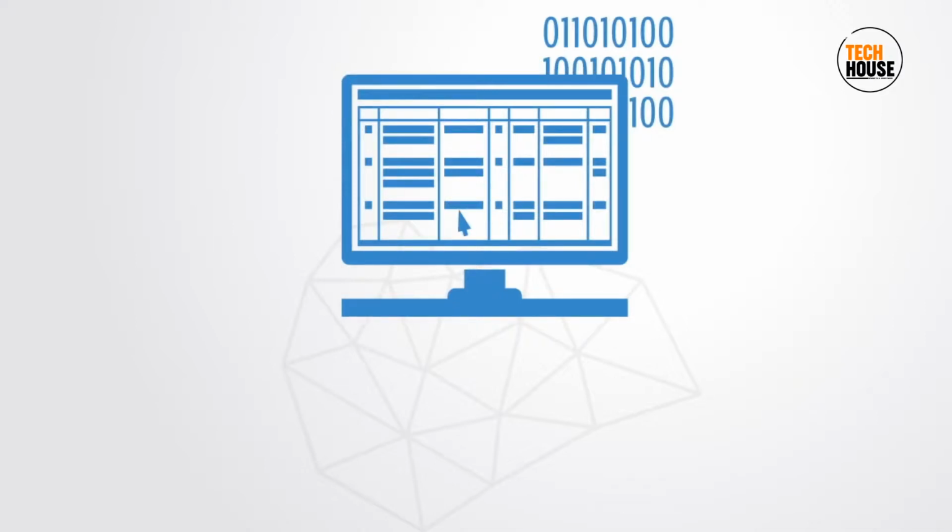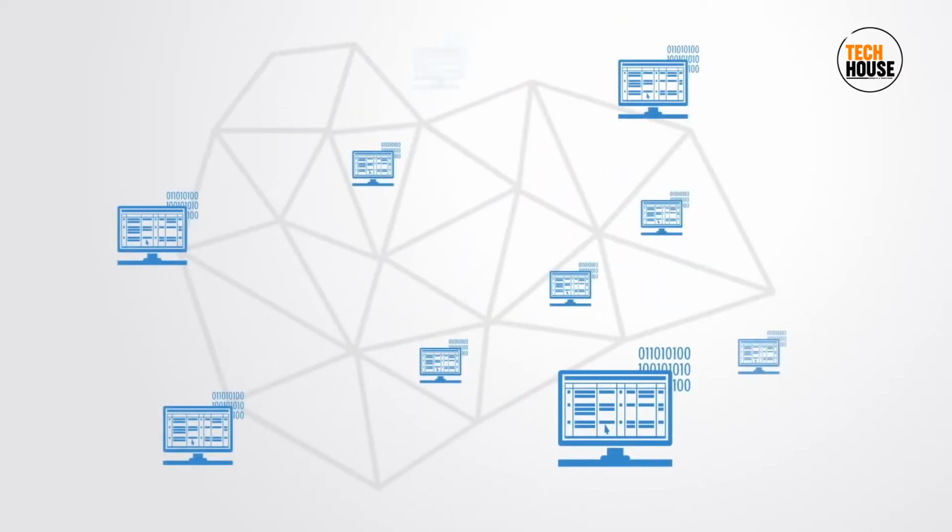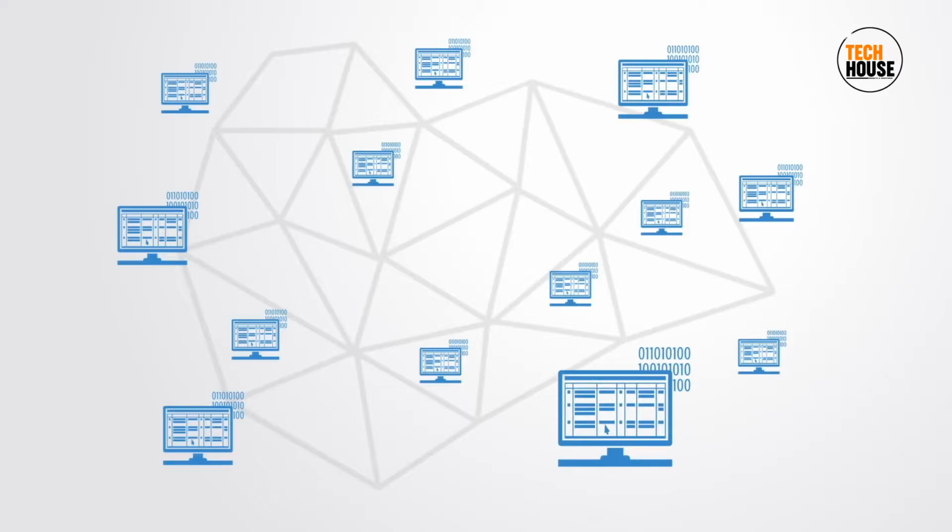A distributed ledger is a consensus of replicated, shared, and synchronized digital data geographically dispersed across multiple sites, countries, or institutions without centralized administration or centralized data storage, being maintained instead by a distributed network of computers.